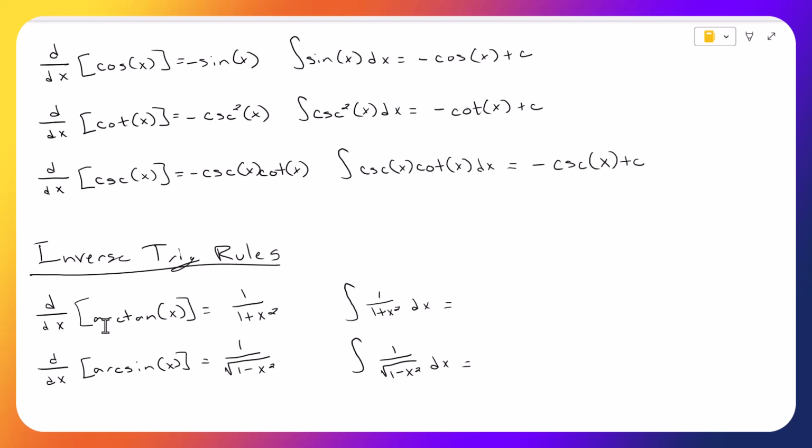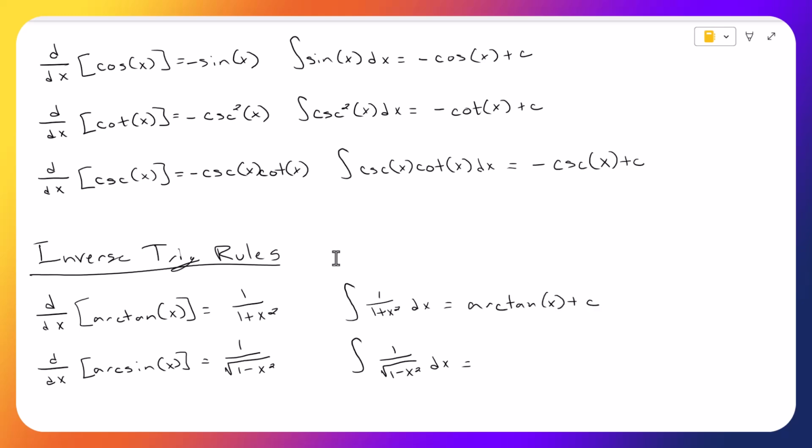Okay, so the derivative of arctan, which is tan inverse, is 1 over 1 plus x squared. So the integral of 1 over 1 plus x squared dx is going to be arctan of x plus c. And then, of course, arcsine, 1 over square root of 1 minus x squared.